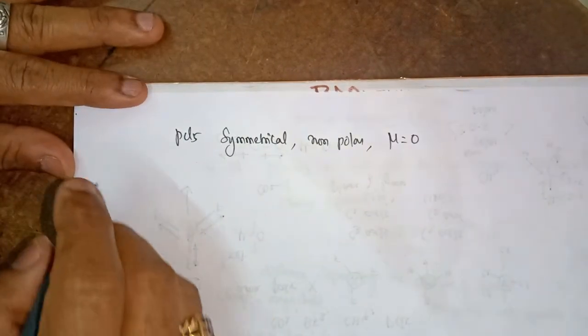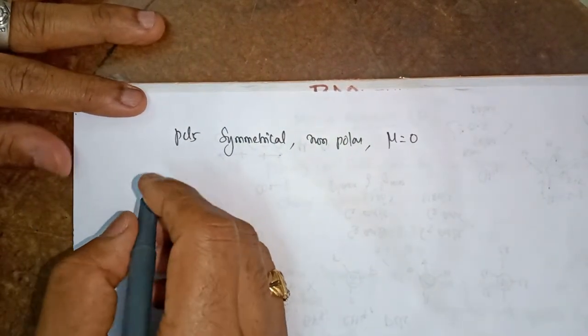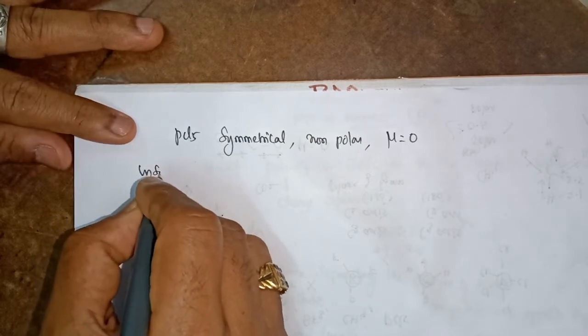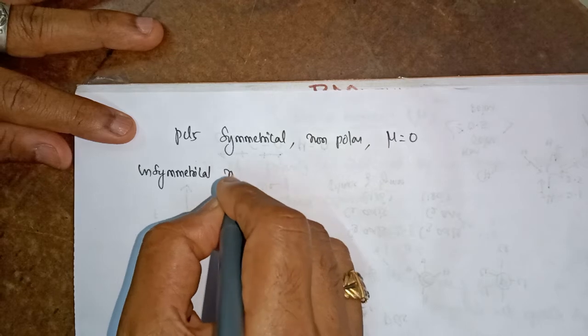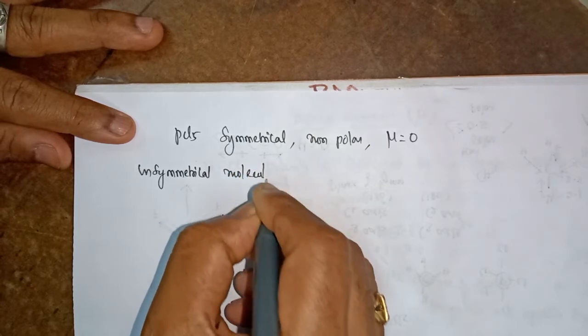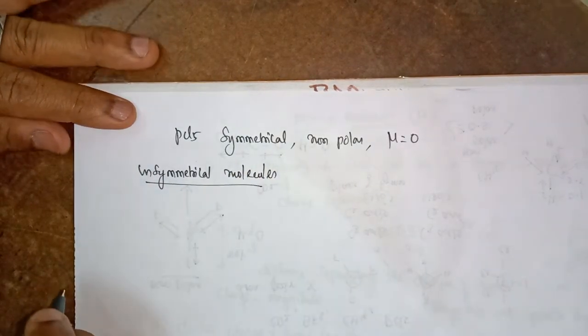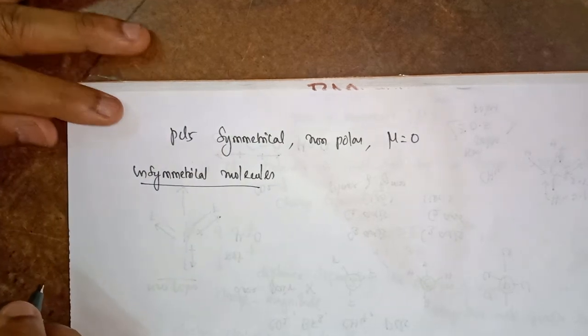Then I come to unsymmetrical molecules. Some examples of unsymmetrical molecules. What does unsymmetrical mean here?